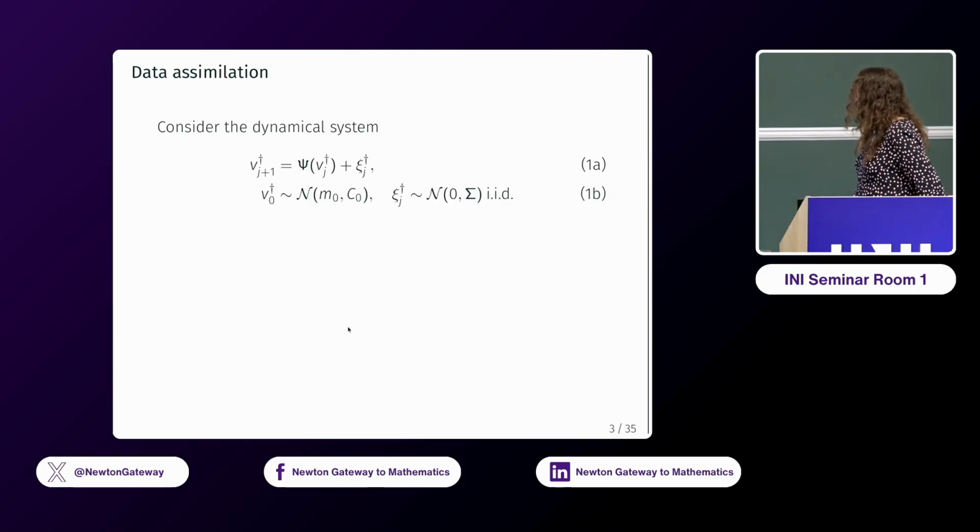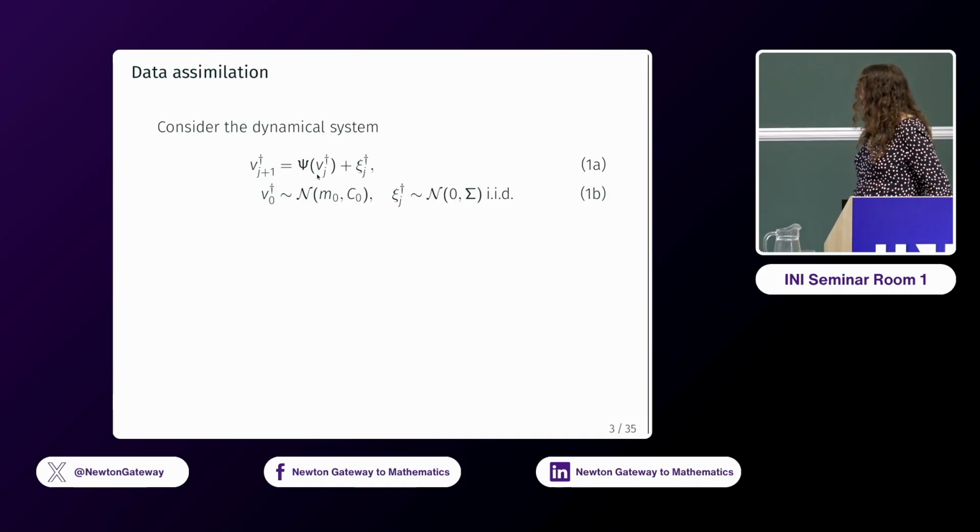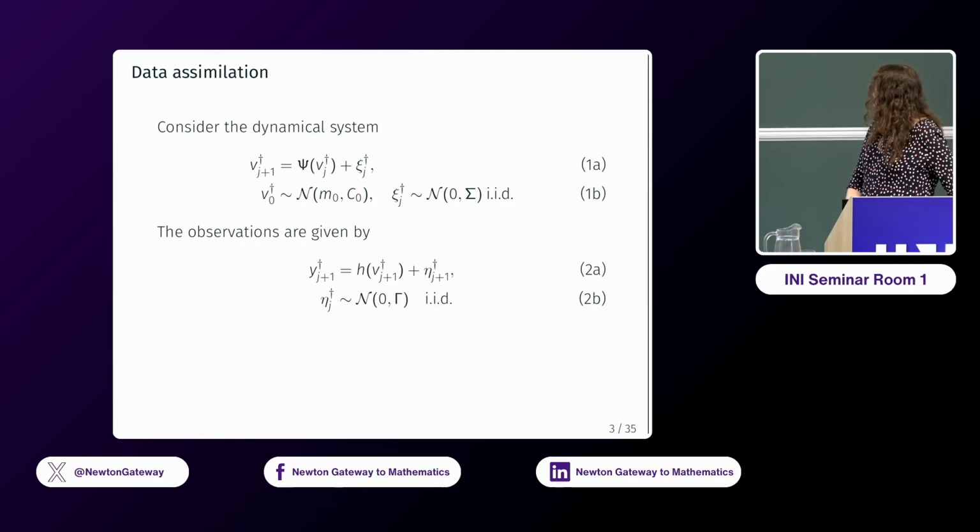So just some notation. We have a dynamical system that I'll denote this way. We have this V dagger, that's the state of our system, and that's evolving forward in time. This is the time index j, using dynamical model psi, and we also allow for some model noise. And then we have some observations that are given as follows.